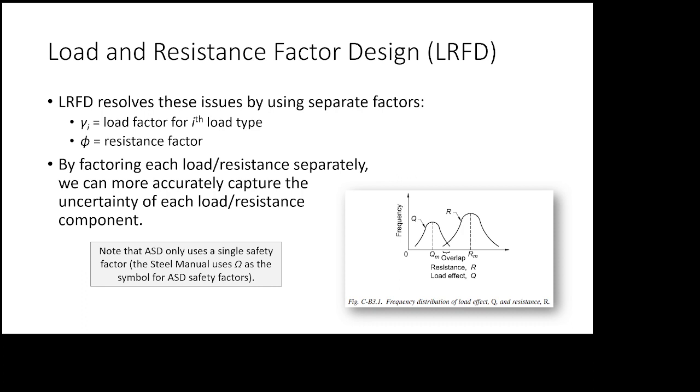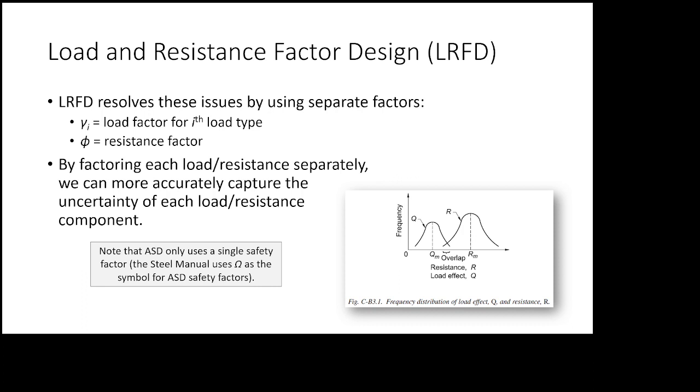I propose there is no such thing as a perfectly safe structure if you think about it in those terms. Because if resistance distributions go on forever and load distributions go on forever, there is conceivably a region where the loads would exceed the resistances. What I'm saying is, with a little bit of mathematics and precision, we can define that overlap region and minimize it, such that when we utilize LRFD, we are designing structures with a uniform level of safety.